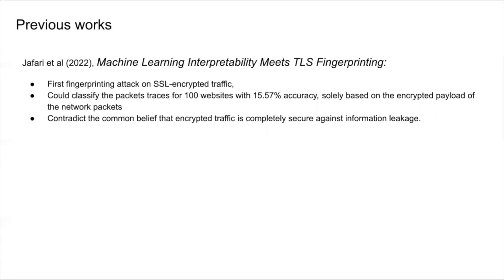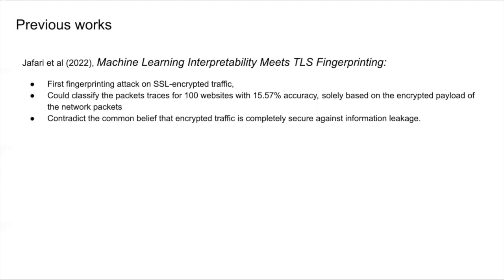And again, in a different area, Jaffer et al. in 2022, which is recently proposed, were trying to let people know that the encryption itself might not always be safe, even if it has been used for over 2 decades.